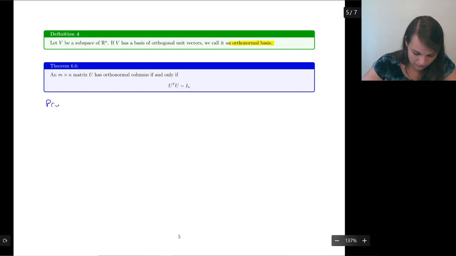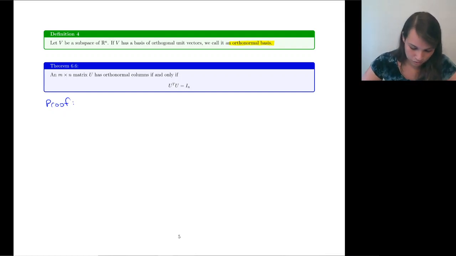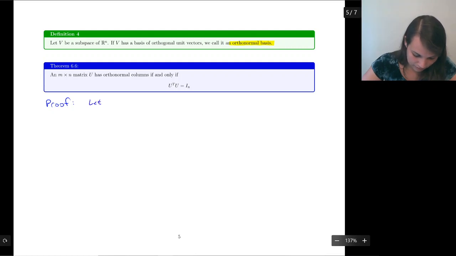So let's go ahead. This is a more calculation intense proof and less of a thinking sort of a proof. So we're going to say that big U is equal to U1, U2, through UN, and all of his little columns have length 1.